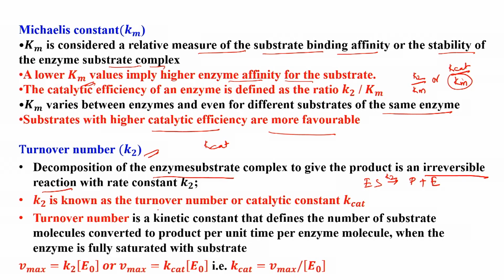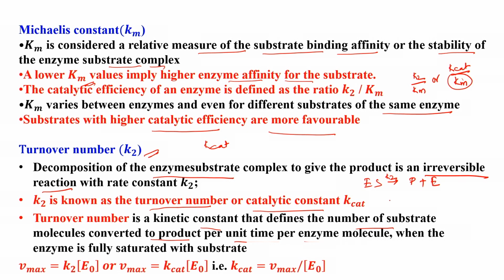So, K2 is known as the turnover number or catalytic constant, and we define the turnover number as a kinetic constant that gives the number of substrate molecules converted to product per unit time per enzyme molecule.